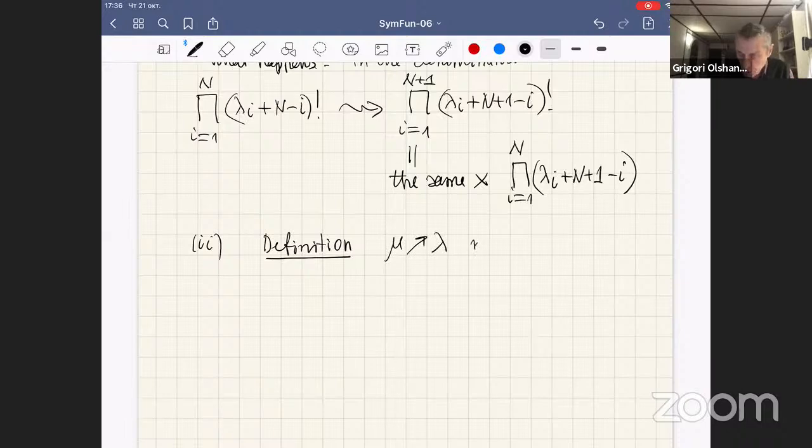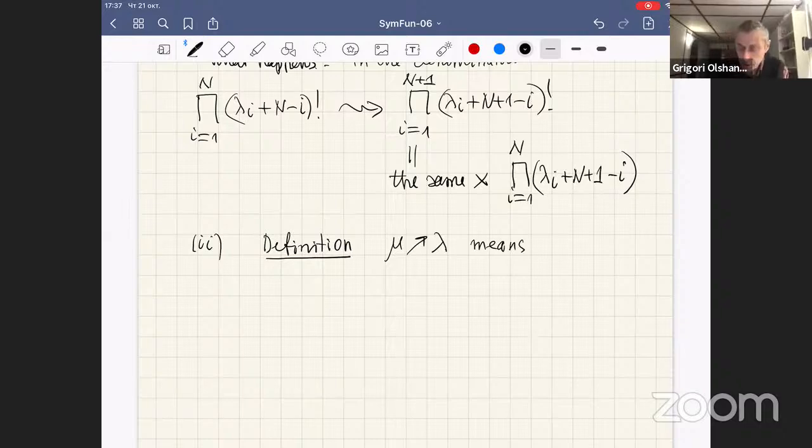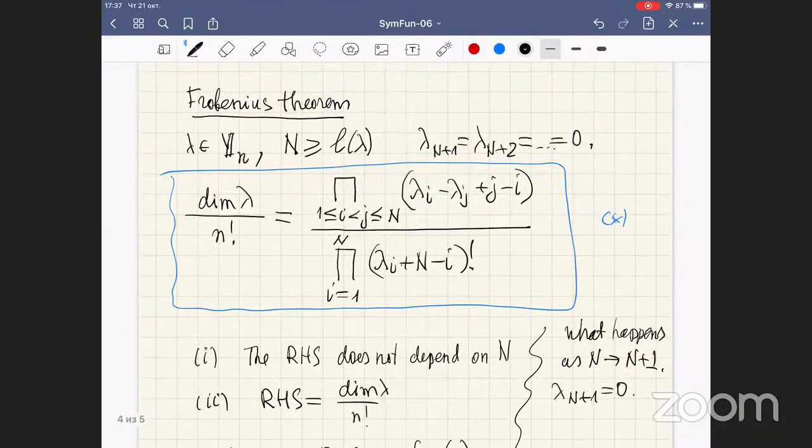In the proof of part 1, I think it's the same times the product from i equals 1 to n plus 1, maybe. Sorry, I don't understand.